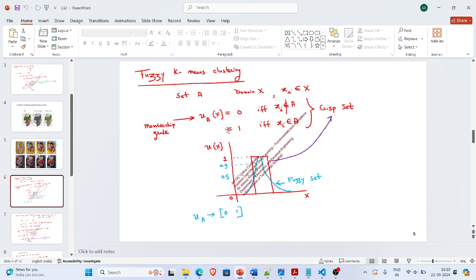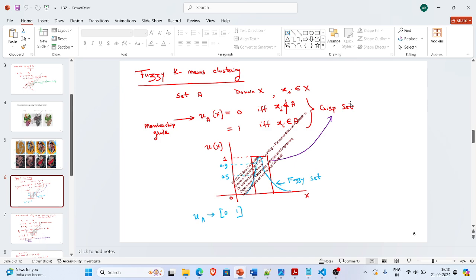So how do we design the fuzzy one? As you can see, we have defined here the membership grade u_A(x). u_A(x) is 1 if it belongs to that set. In the case of k-means clustering, it is called a crisp set.